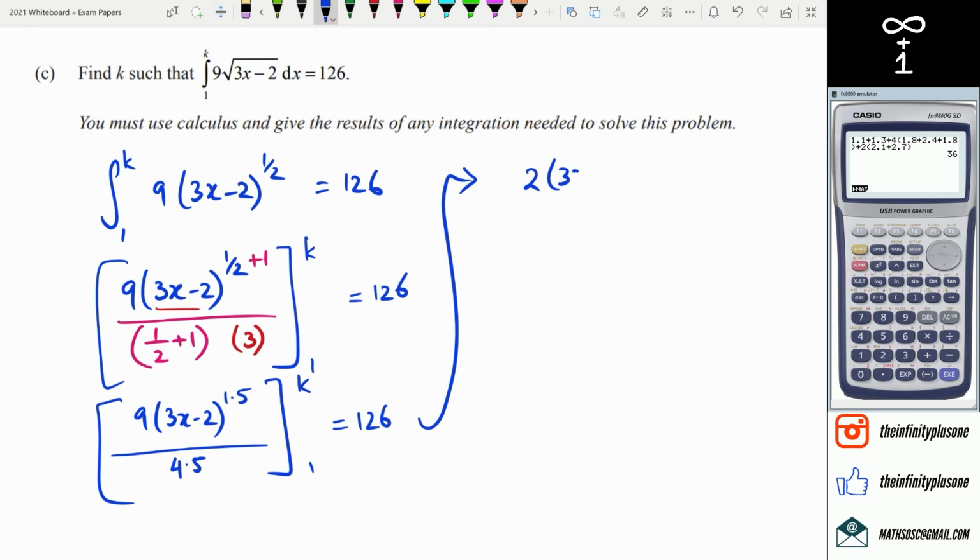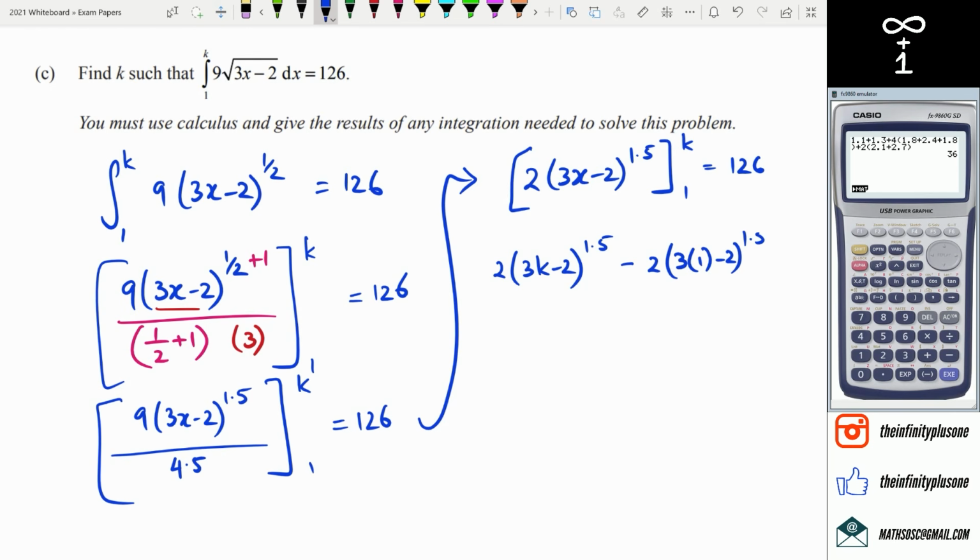So I've got 2 times (3x minus 2) to the power of 1.5, between k and 1, which equals 126. So I've got 2 times (3k minus 2) to the power of 1.5 minus 2 times (3 times 1 minus 2) to the power of 1.5 equals 126.